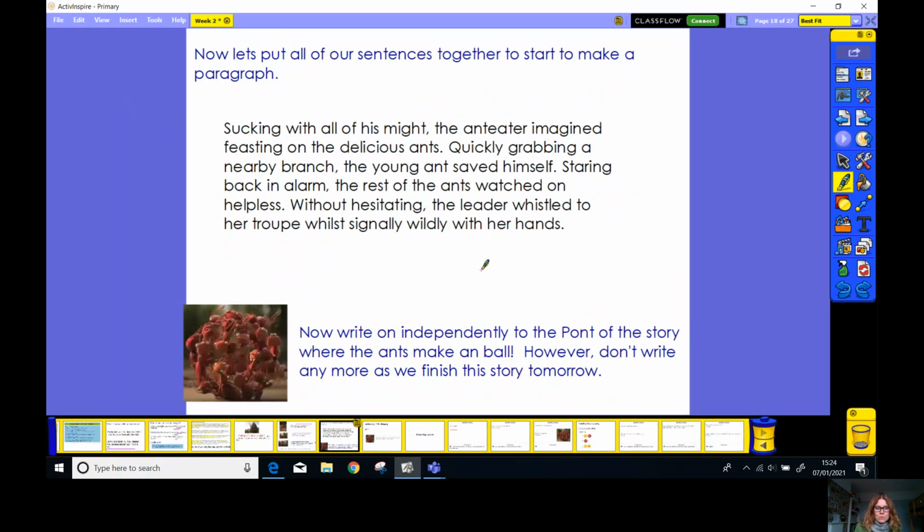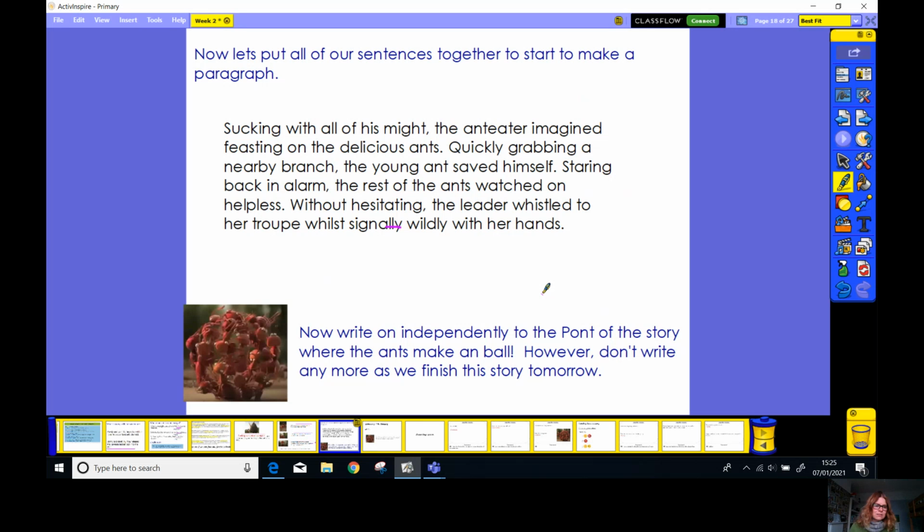Sucking with all of his might, the anteater imagined feasting on the delicious ants. Quickly grabbing a nearby branch, the young ant saved himself. Staring back in alarm, the rest of the ants watched on helpless. Without hesitating, the leader whistled to her troop while signalling, again, I need to change that, wildly with her hands. Okay, now we're not quite finished with this paragraph.